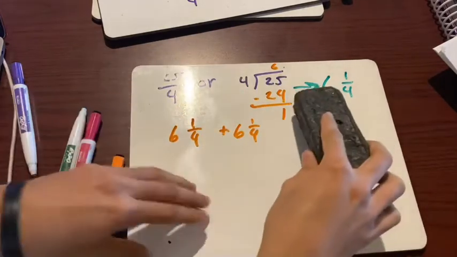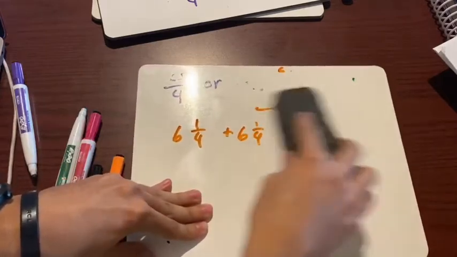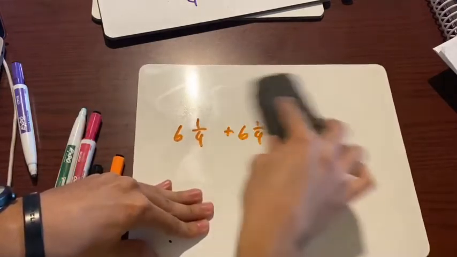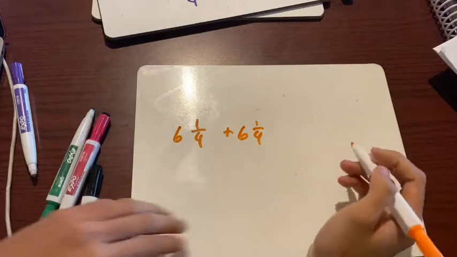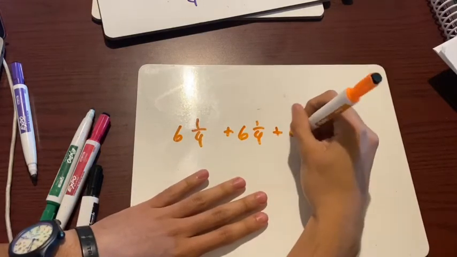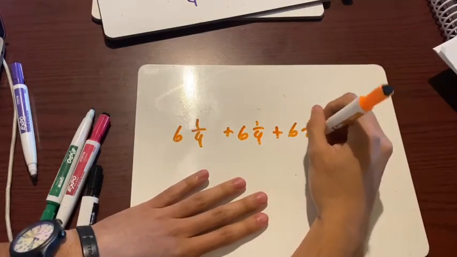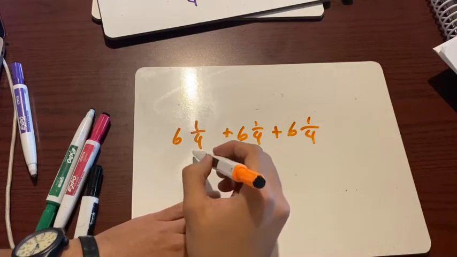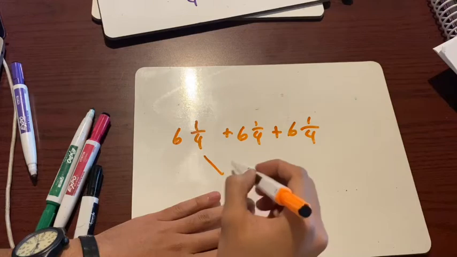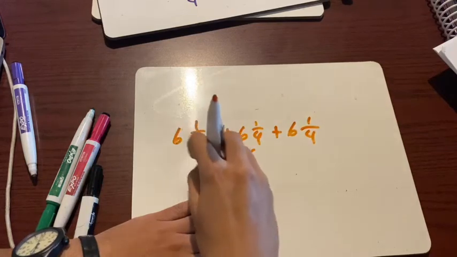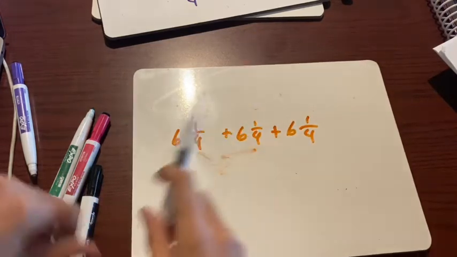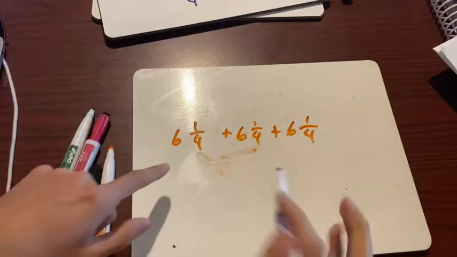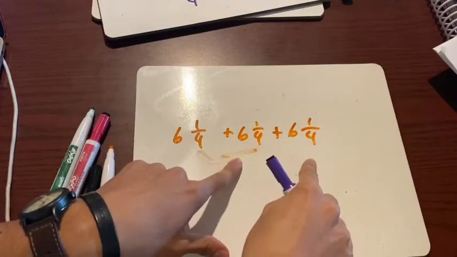Let me just erase this part so you don't get confused. And again, let's add up our whole numbers first. You could do it any way you want. You could add up your whole numbers or you can add up your fractions first.